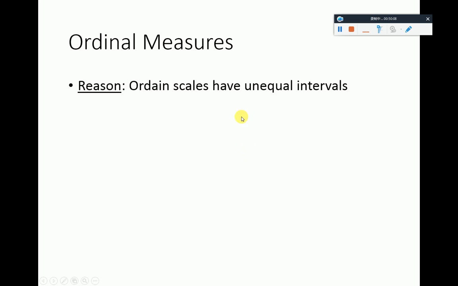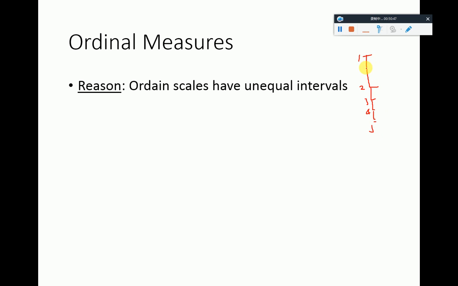Another way to think about it is this. The reason that we cannot say that 1 is better than 2 to the same extent as 4 is better than 5 is that ordinal measures have unequal intervals. As we just drew, that's 1 and 2, 3, 4, 5.